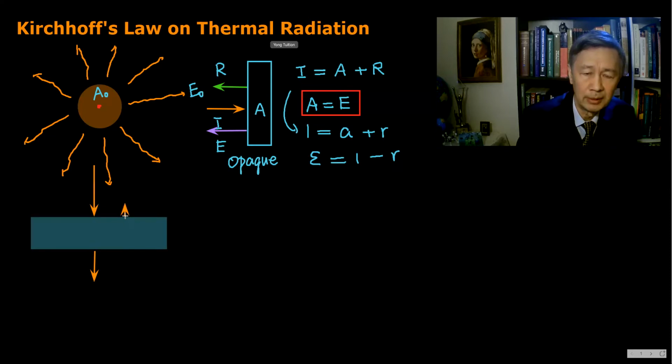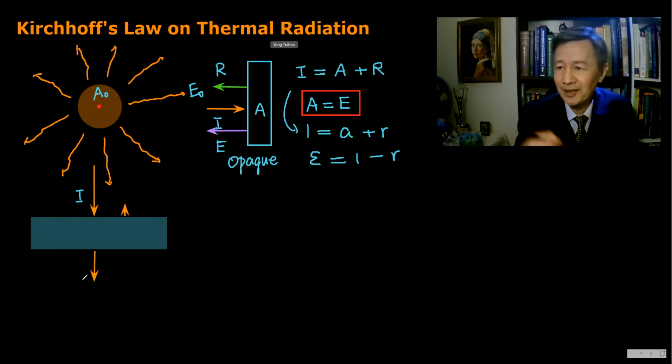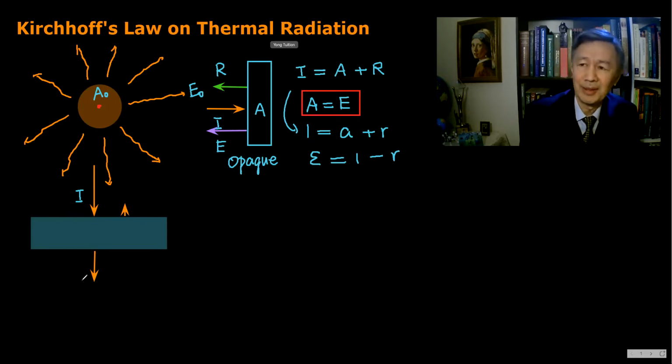So that is the situation where the transmission must be taken into account. This is the incoming radiation, either intensity or power, and that is transmission. I use capital T here, and this is reflection.